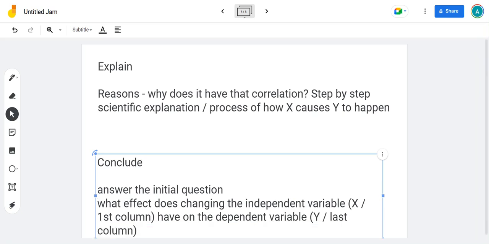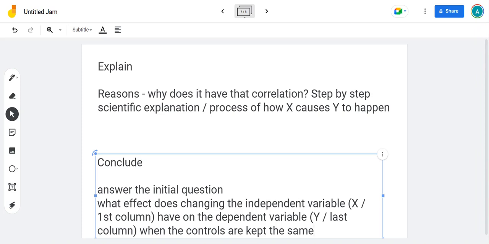Okay, so you can always get your dependent from your table or from your graph. They're always in the same places. Okay, and it's always when the controls are kept. And that's what gives us valid results, isn't it? Only changing the independent, keeping all of the other things, all the control variables, the same every time.